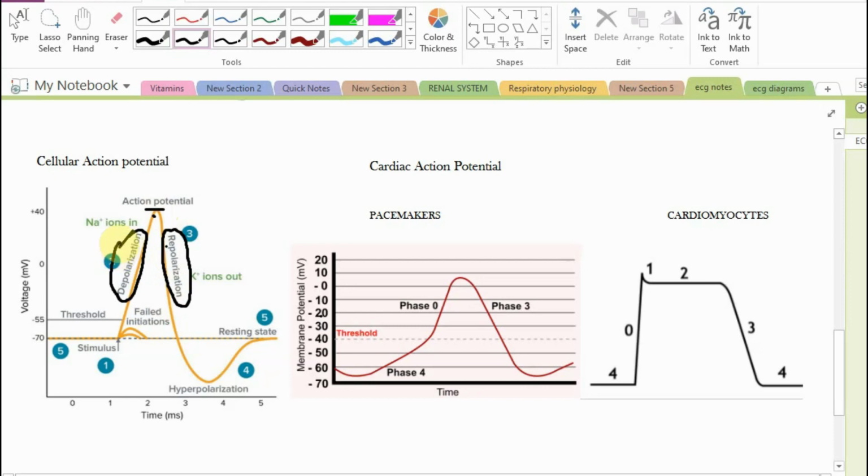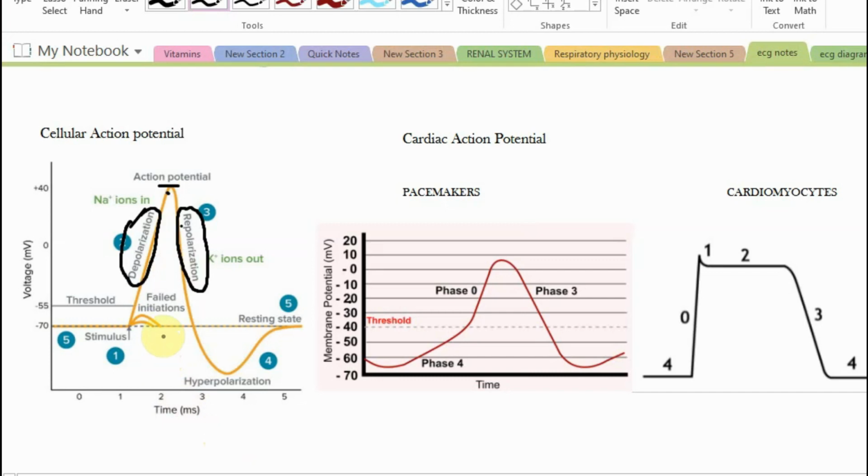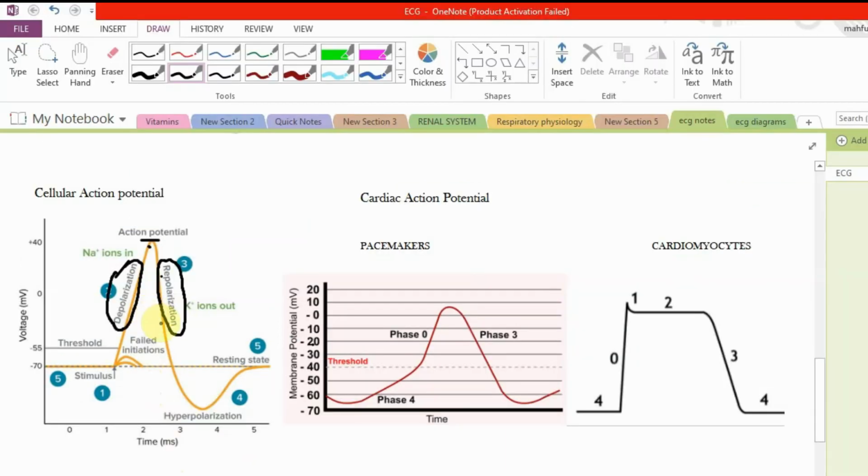Depolarization is defined as the movement of cations into the cell, producing positive cell charge relative to the outside. Repolarization is quite the vice versa: cation movement, particularly potassium, out of the cell, reducing the positive cell charge. Out of all these definitions, what you need to understand is what depolarization and repolarization mean, because these are the main takeaways from this lecture.